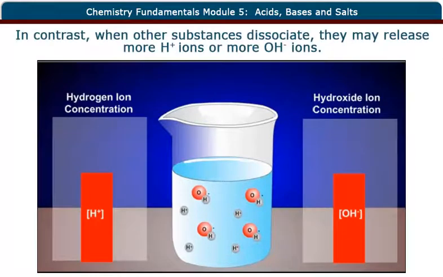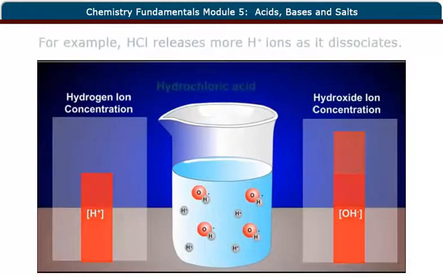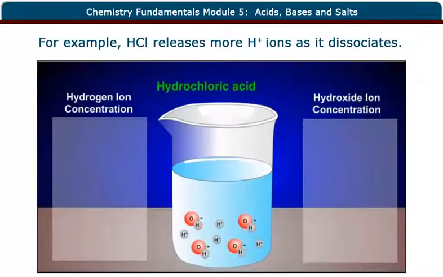In contrast, when other substances dissociate, they may release more hydrogen ions or more hydroxide ions. For example, hydrochloric acid, HCl, releases more hydrogen ions as it dissociates.